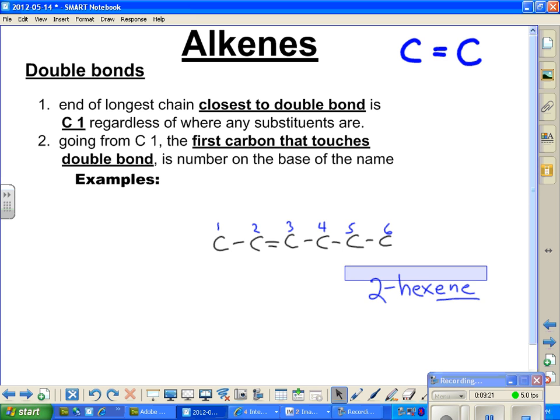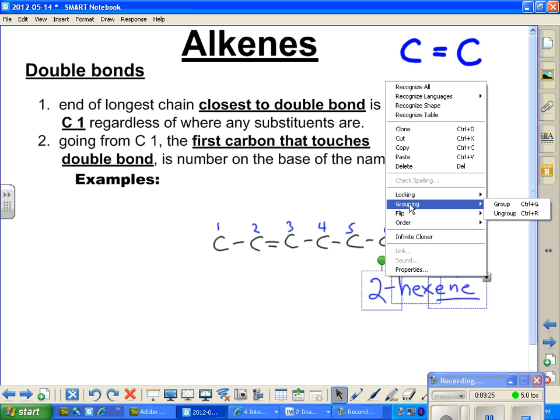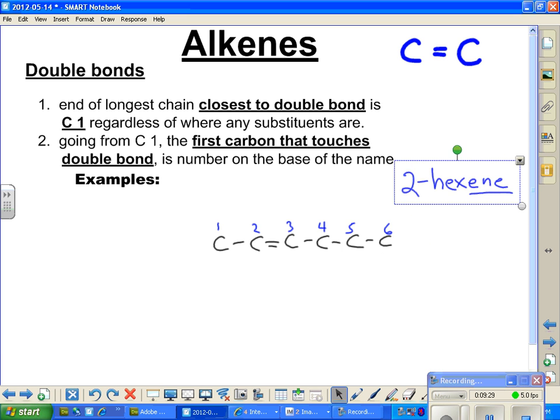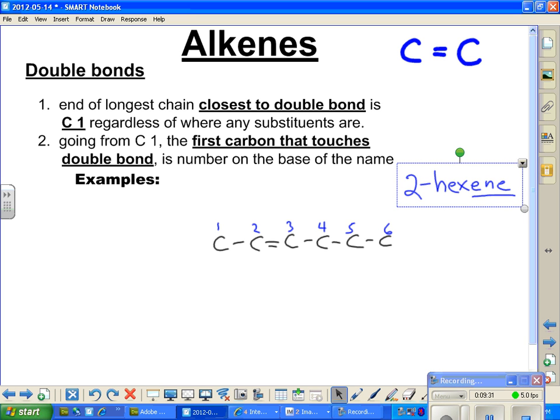So let's go ahead, and now I'm going to play with this guy a little bit. Let's get this thing out of the way. Group these together and move it up here. We started out with a 2-hexene. Let's add something to it. You might think that because I put that carbon there on number 5, that I have now a choice between the left end and the right end to call number 1. Well, I don't.